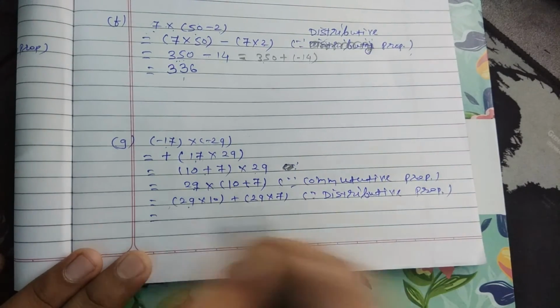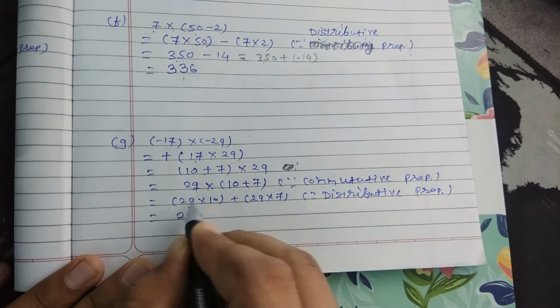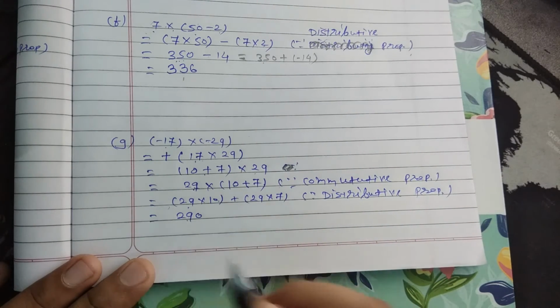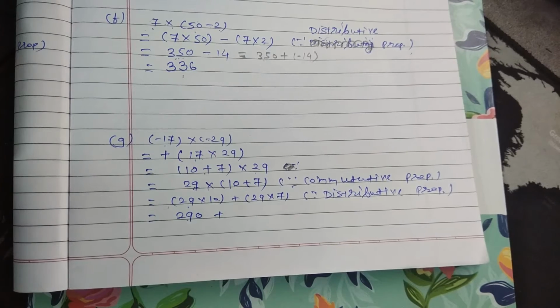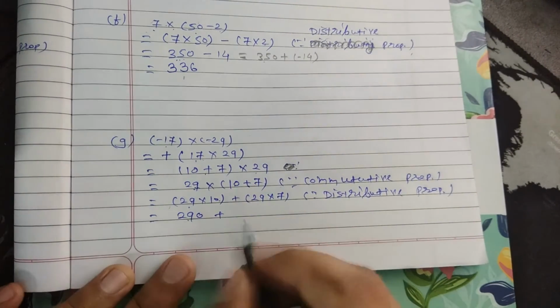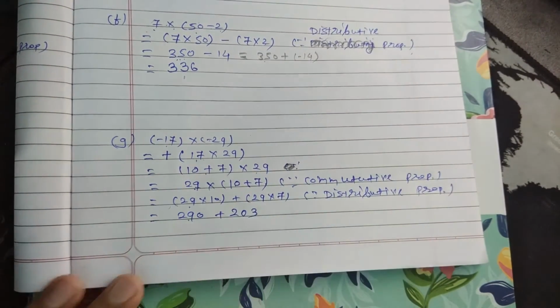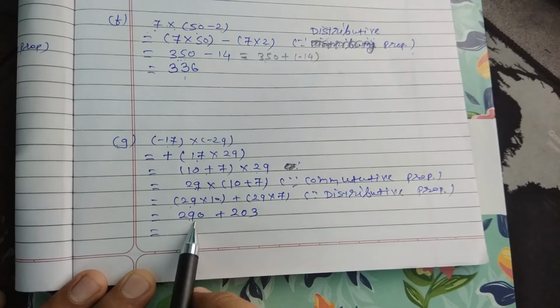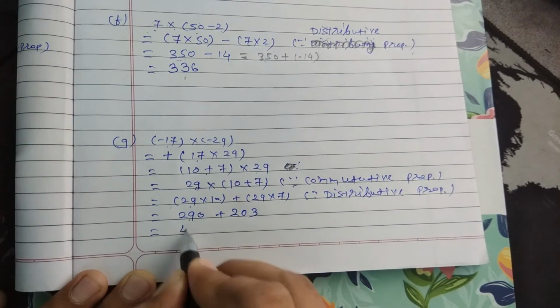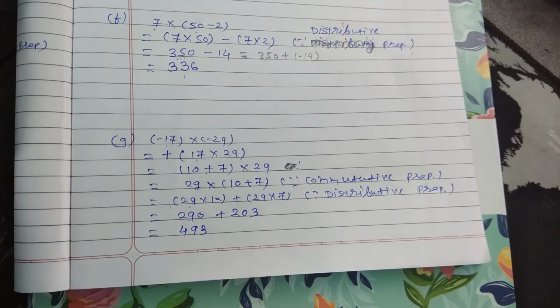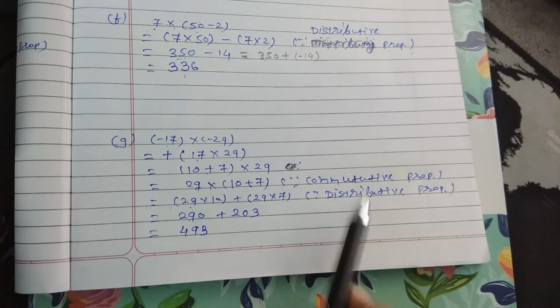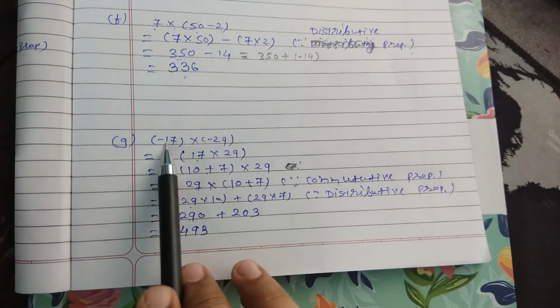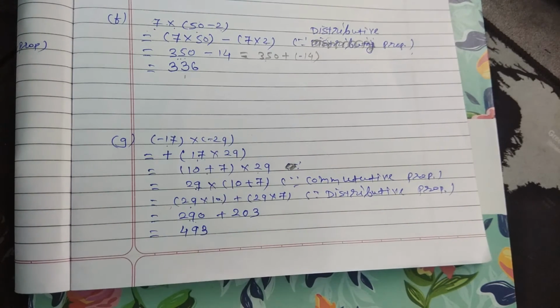That is equal to 29 multiplied by 10, that is 290, plus 29 multiplied by 7, which is 203. That is equal to 290 plus 203, that is 493. This way we can solve minus 17 multiplied by minus 29 easily using the commutative and distributive properties.